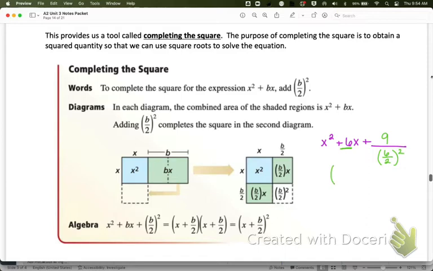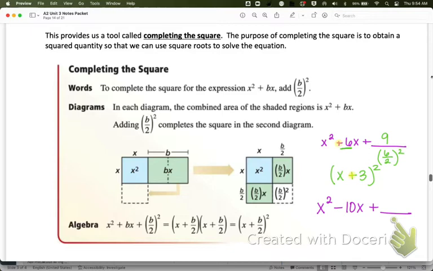So 9 is the number that we add to complete the square. And then that's going to factor to (x + 6/2)^2, which is (x + 3)^2. Again, this sign is always going to match this sign. So let's try another one. If I have x^2 - 10x, think to yourself, what's going to go in the blank?